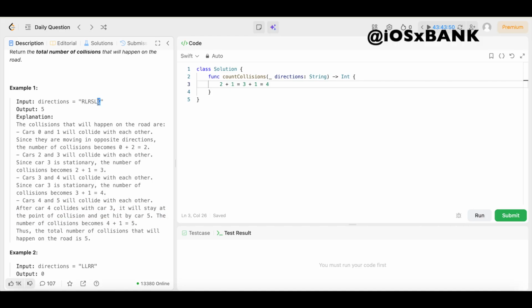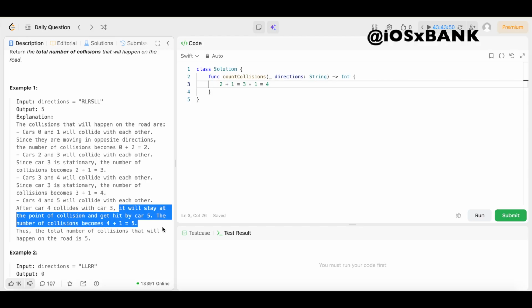So this car is still going to the left even after these 2 cars right here have collided. So eventually this car is going to run into these 2 cars right here. Or really it would be these 3 cars. But so it says it will stay at the point of collision and get hit by car 5. The number of collisions becomes 4 plus 1, which equals 5.